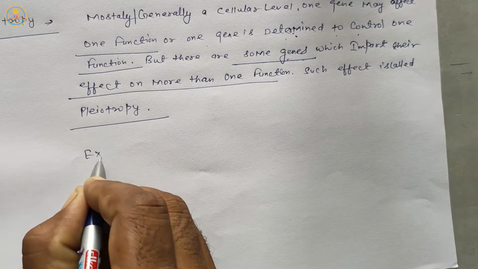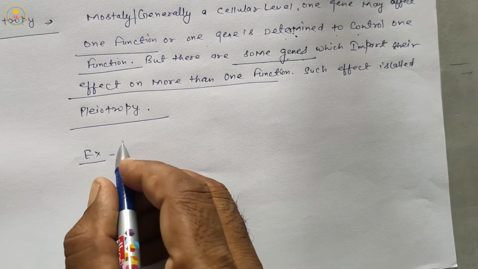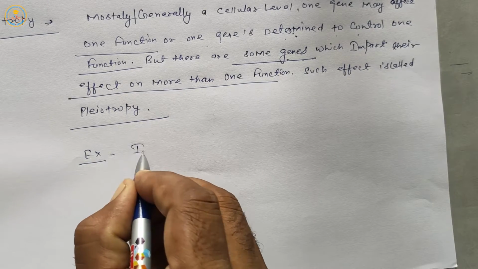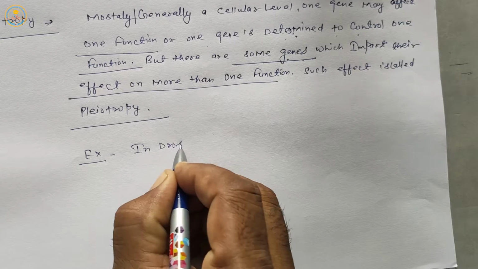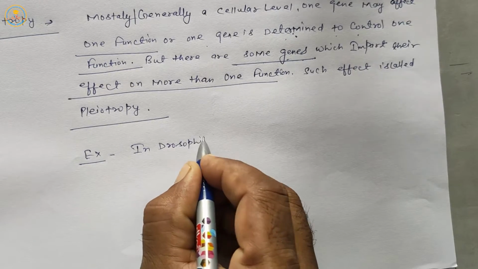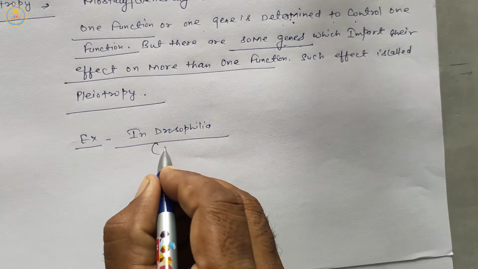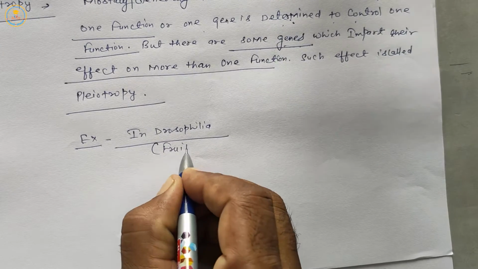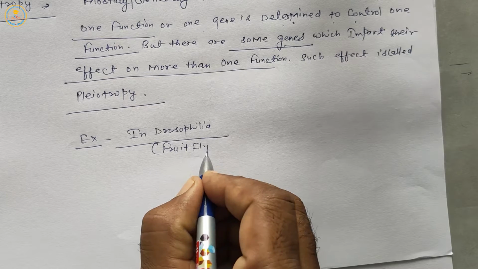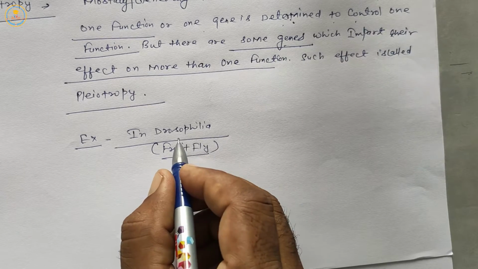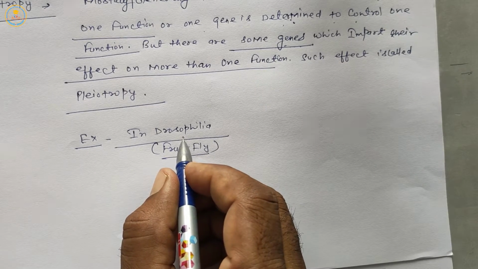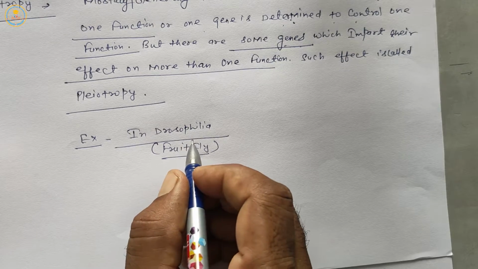For example, first is in Drosophila, another name is fruit fly. Students remember, Drosophila is an arthropod.